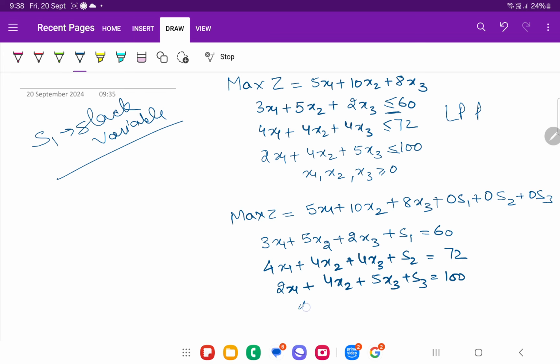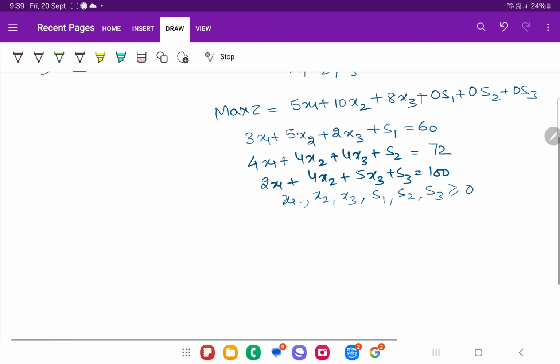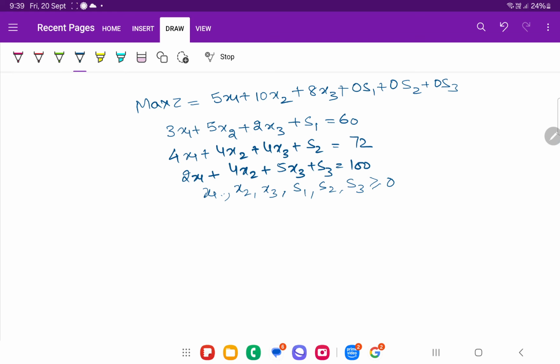And at the end we write that x1, x2, x3, s1, s2, s3 are all greater than or equal to 0. So now this is my standard LPP from which I will be creating the tables, and with the help of that I will be solving it using the simplex method.